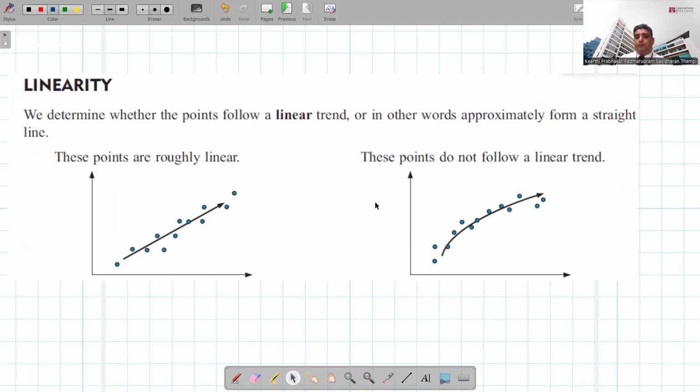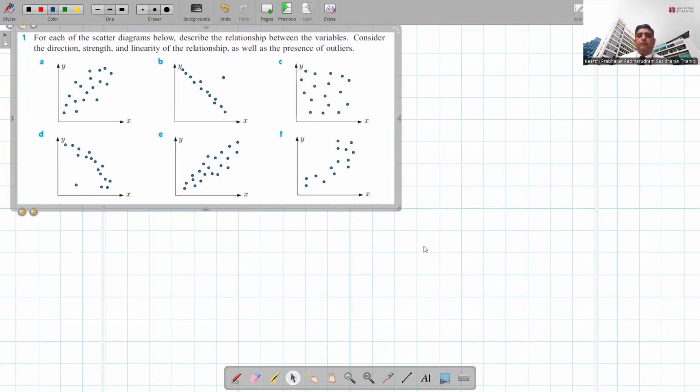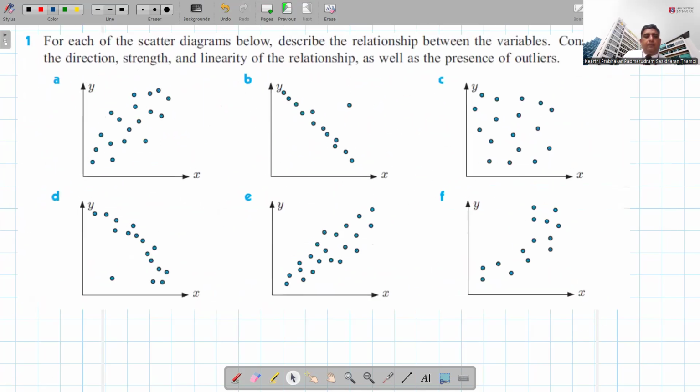Now, there are situations, for example, let me show you an example of the correlation, just for your understanding. This is a weak positive. This is a strong negative.